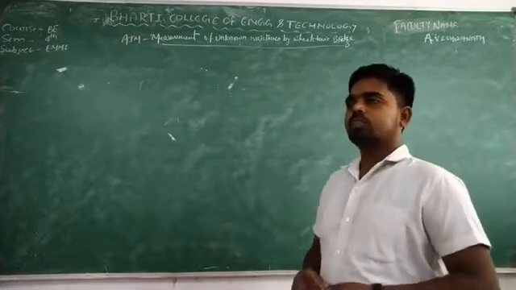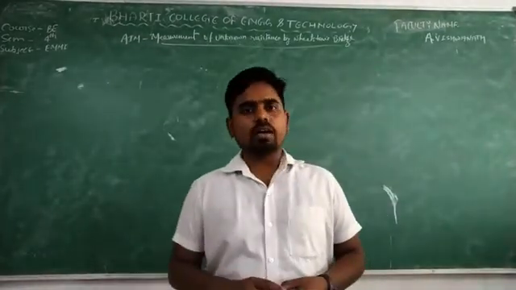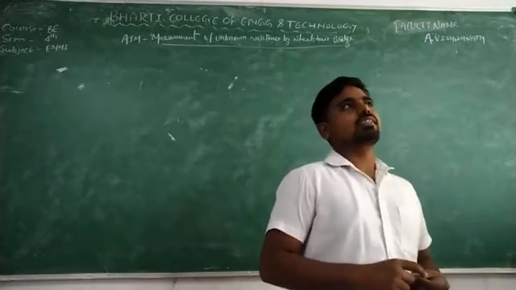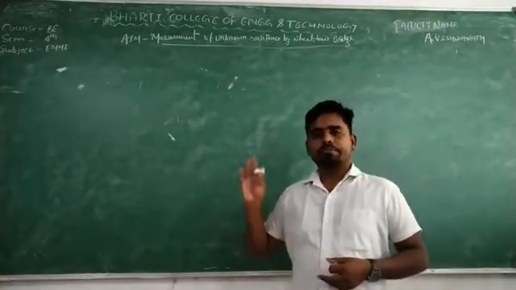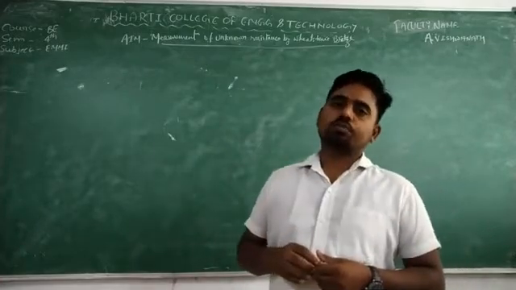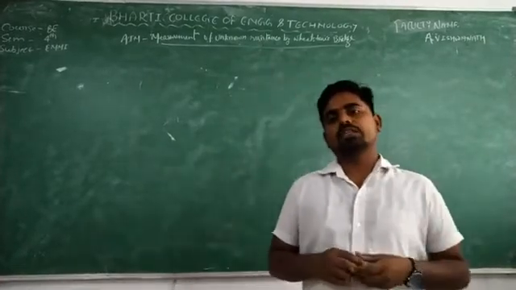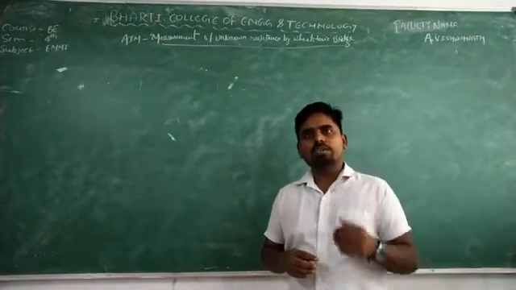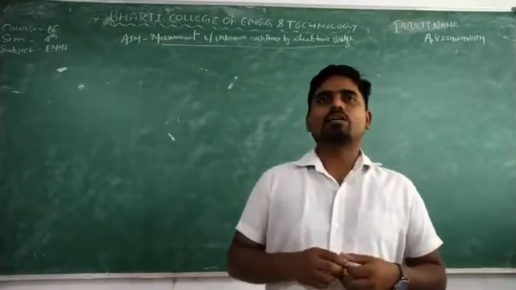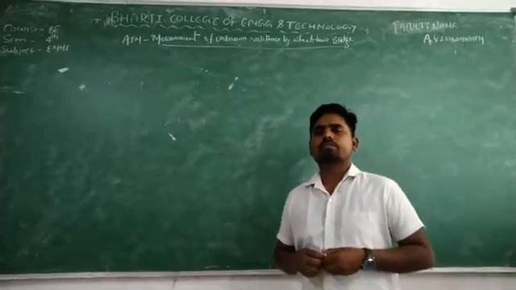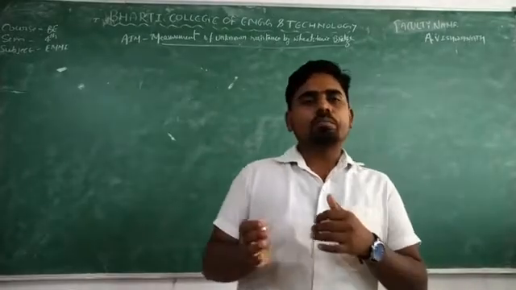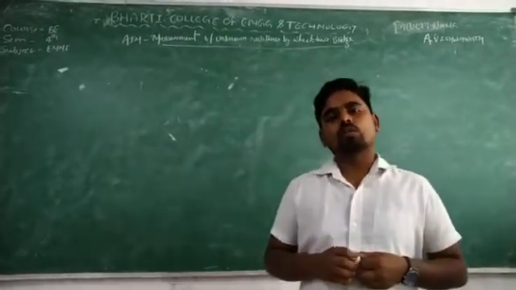Okay, so we will see the measurement of resistance by Wheatstone bridge. We prefer Wheatstone bridge for the measurement of medium resistances. We also have ohm meters, but we prefer Wheatstone bridge widely in place of ohm meters, because the ohm meters have an accuracy of around plus or minus 2%, which is not a precise value of the unknown resistance.